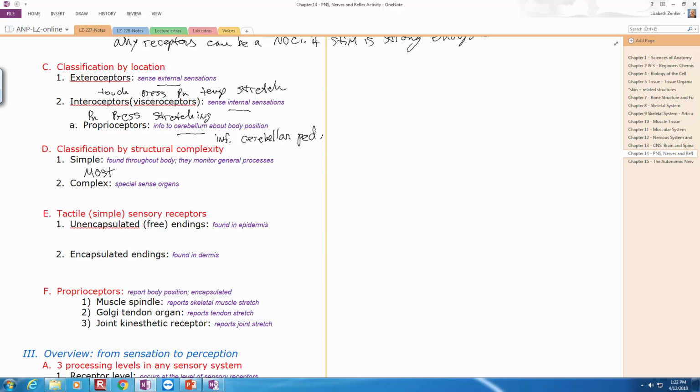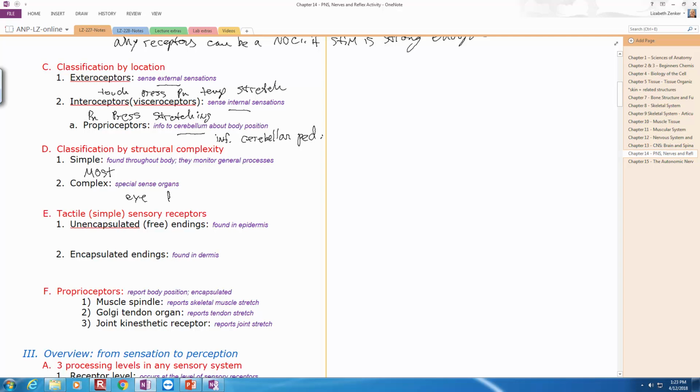So when we get into 228, we're talking about how the eyeball works and how all the different cell layers that the light travels through, and it stimulates here and it travels there. That's a lot more complex than something that just, a general process might be. Okay, so for complex, this is going to be like your eye, so your vision.